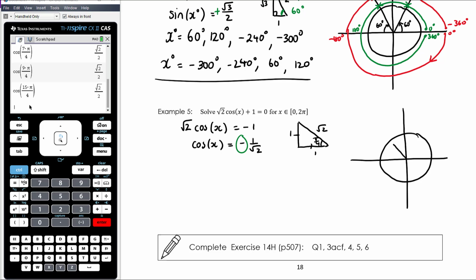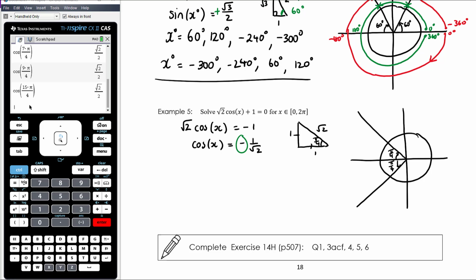So we're going to be here and here. So that is pi on 4 up from there and pi on 4 down from there. So cos is equal to something negative, therefore our solutions are going to be in the quadrants where cosine is negative. But they're going to be connected to pi on 4 because cos is equal to 1 on root 2.